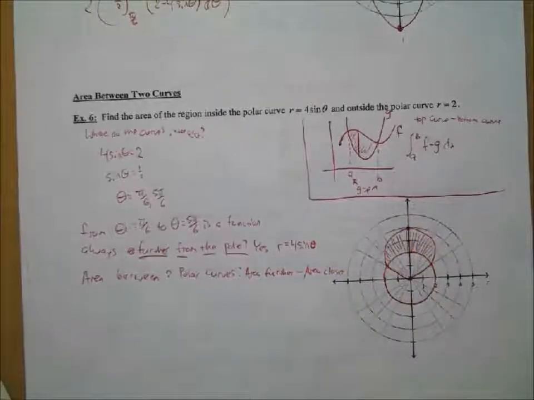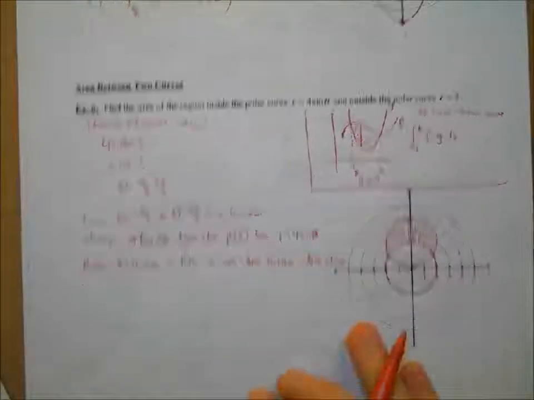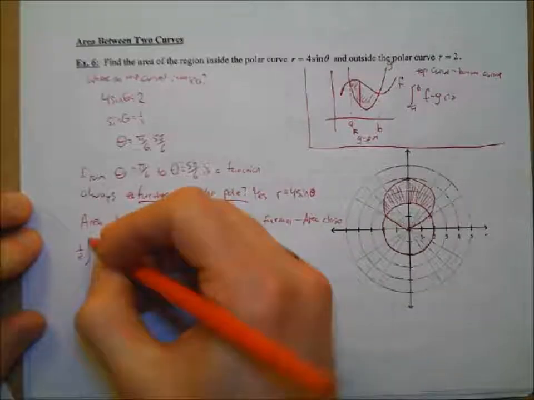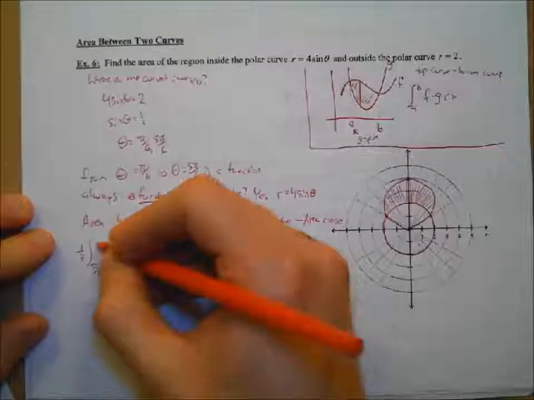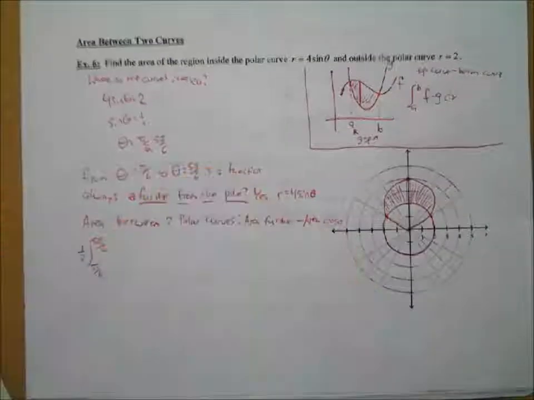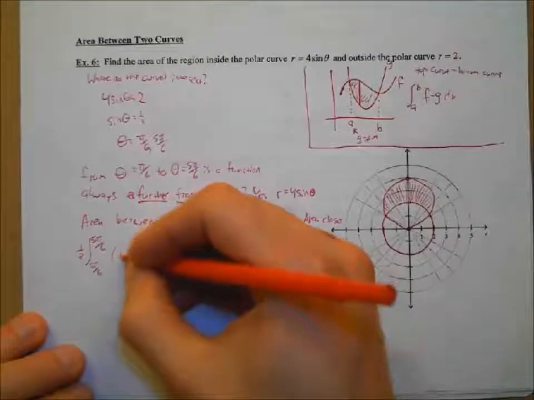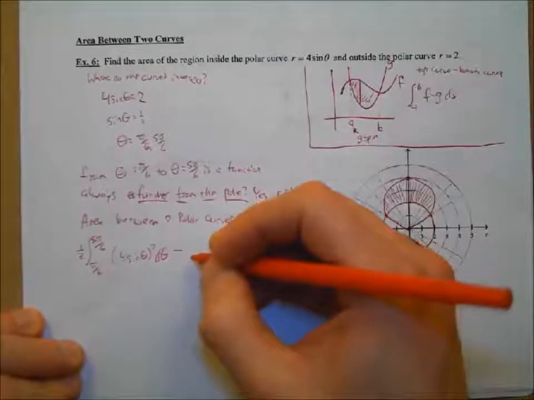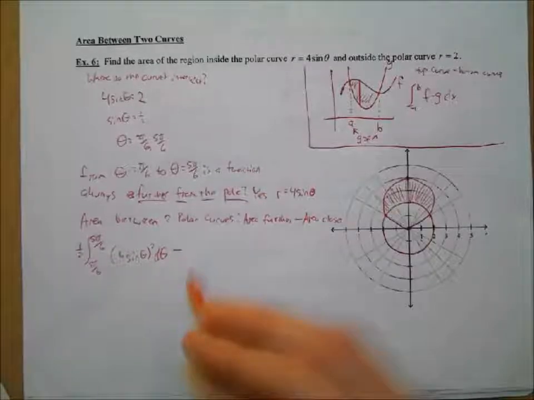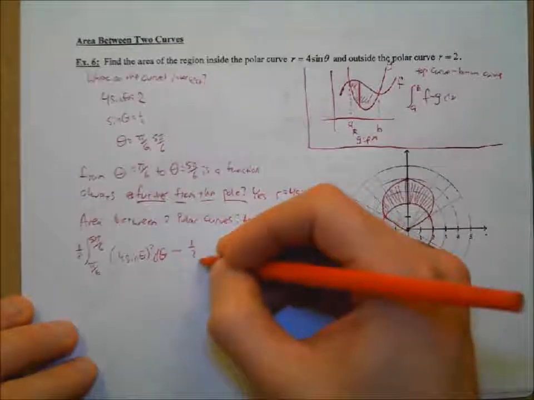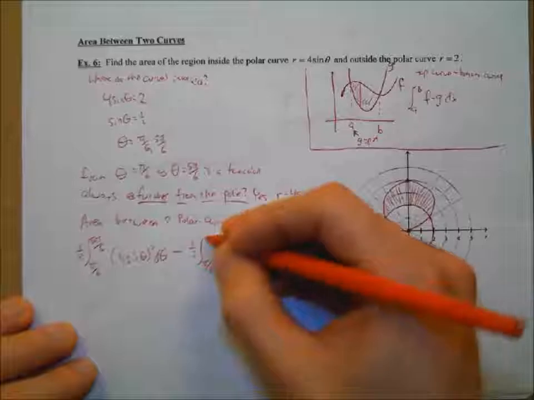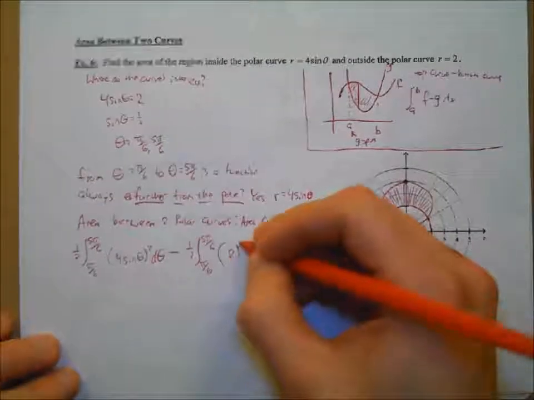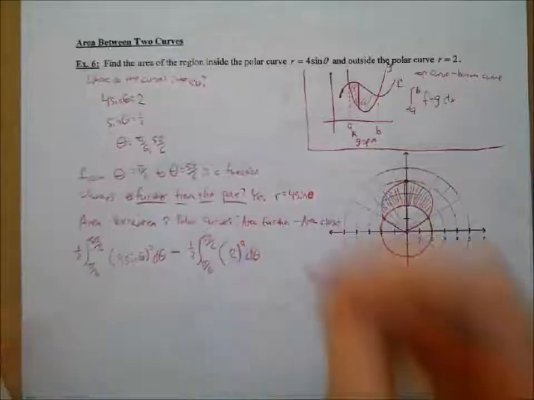We said that r equals 4 sine theta was the further of the two, so we're going to have 1/2 integral from pi over 6 to 5 pi over 6 of (4 sine theta) squared d theta, minus, because we subtract out the inner graph, also from pi over 6 to 5 pi over 6, the inner curve, which is just 2, squared, d theta.